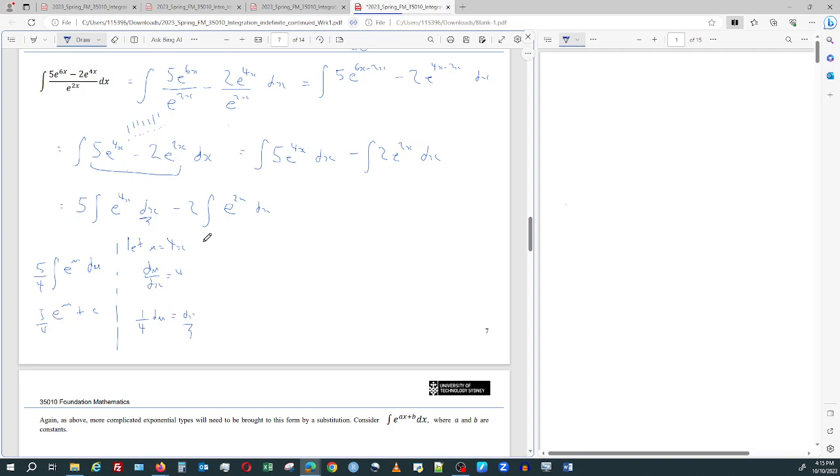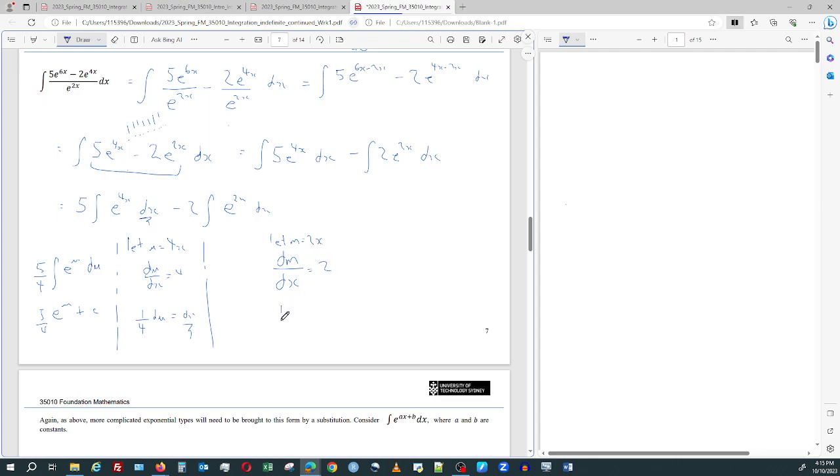And we'll do the other one. Let u or m equal 2x. dm/dx is equal to 2.